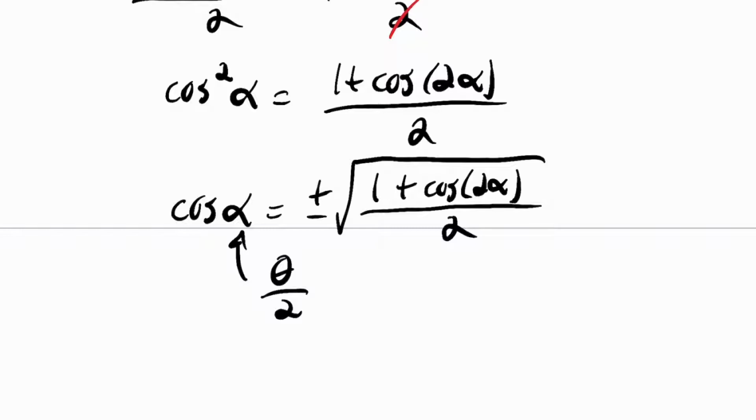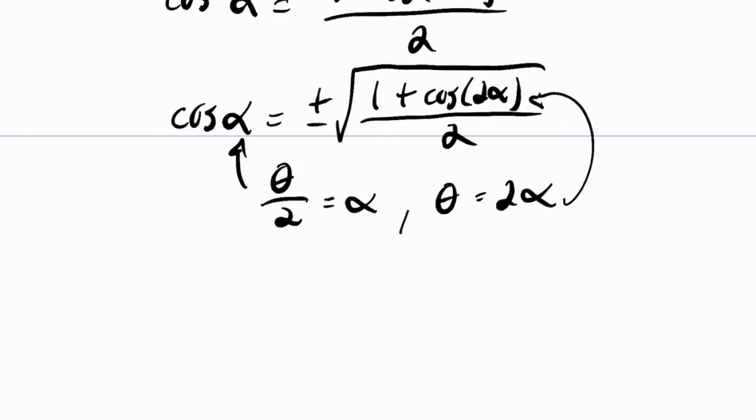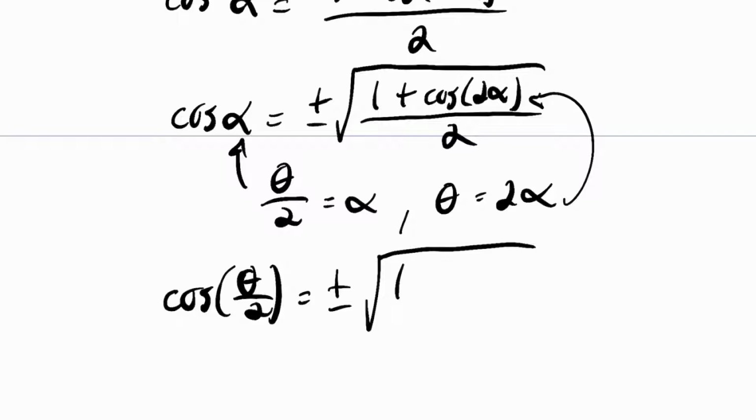Okay, theta over 2 equals alpha, or in other words, theta equals 2 alpha. So also, that angle will get replaced. So this results in cosine of theta over 2 equals plus or minus the square root of 1 plus cosine theta over 2. And this is the half angle formula for cosine.